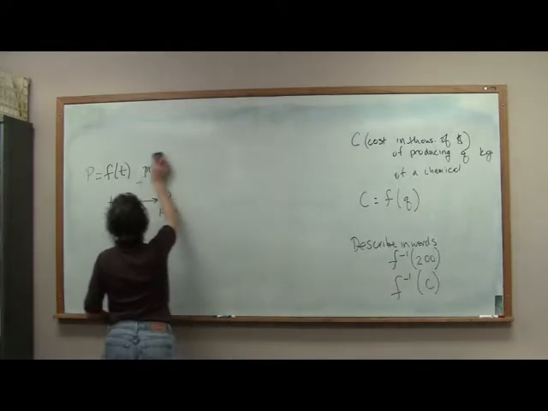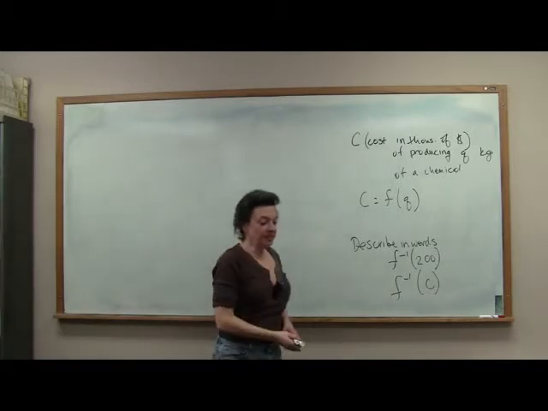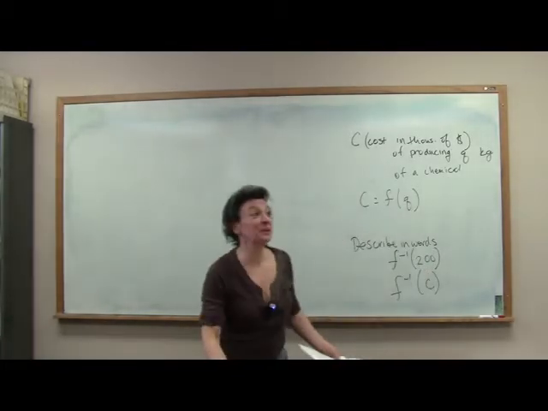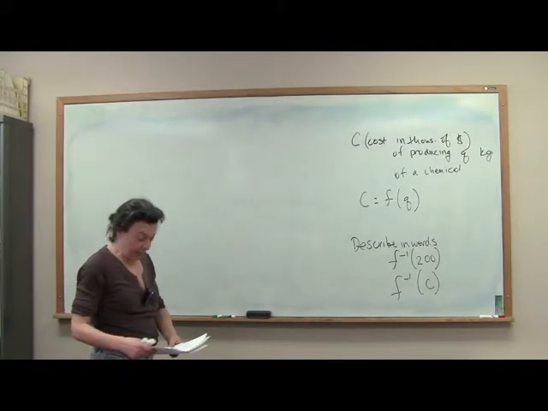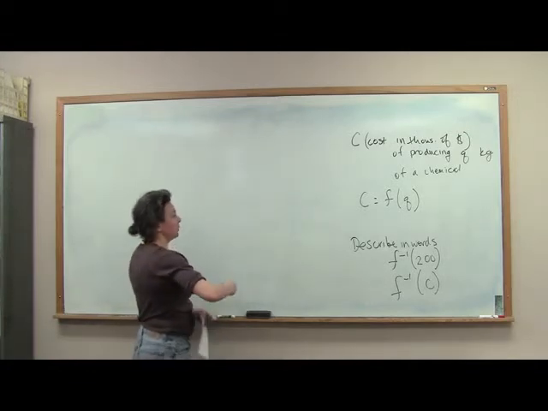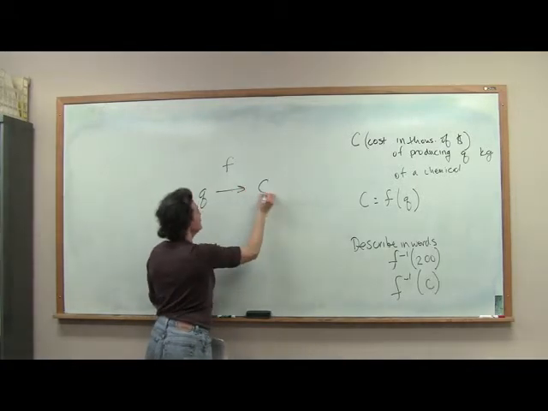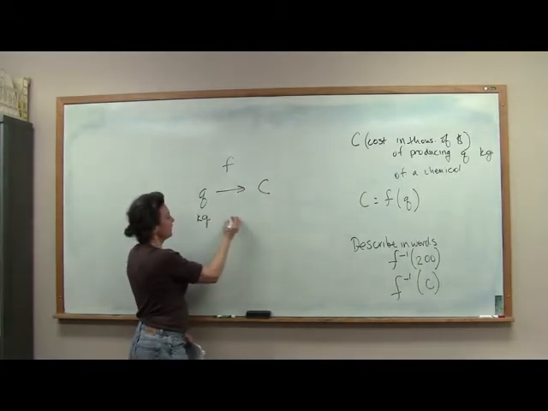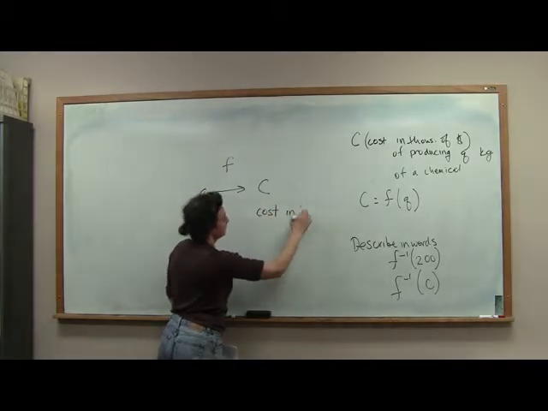Notice we can't really compute anything because we're not actually given a function. But again, we can interpret these things. So let's notice our function is taking Q to C. In other words, kilograms to the cost in thousands.